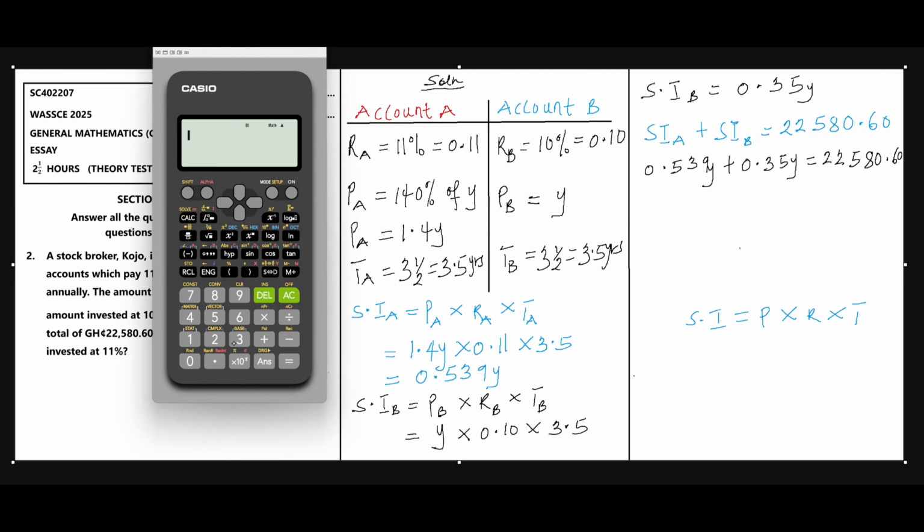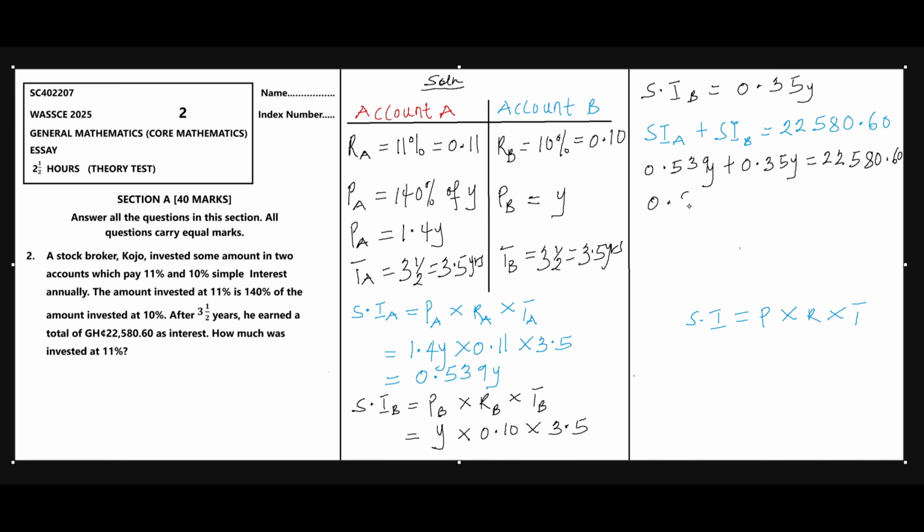Now 0.539y plus 0.35y, we have 0.889y. So we have 0.889y, and this must be equal to 22,580.60.